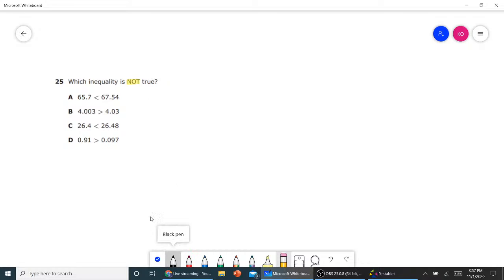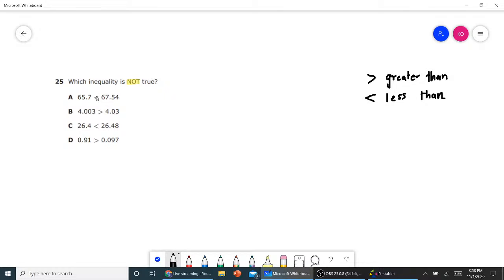Let's define what these symbols are. So this symbol means greater than, and this symbol means less than. Okay, so with that in mind, let's try to solve these questions.